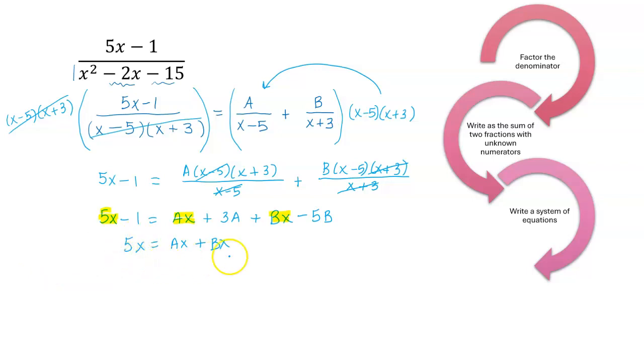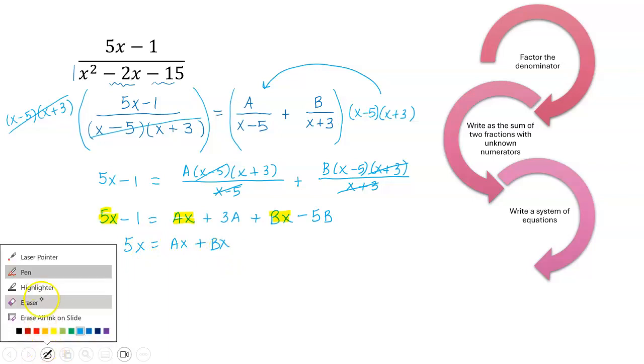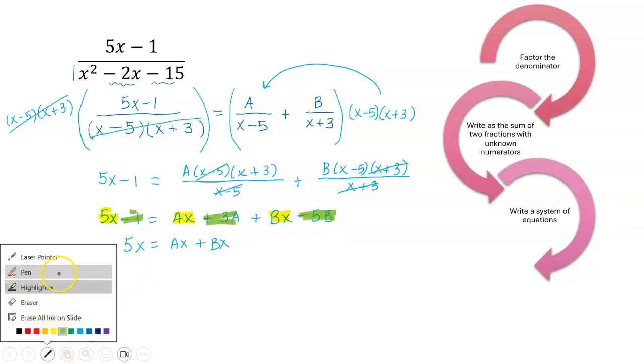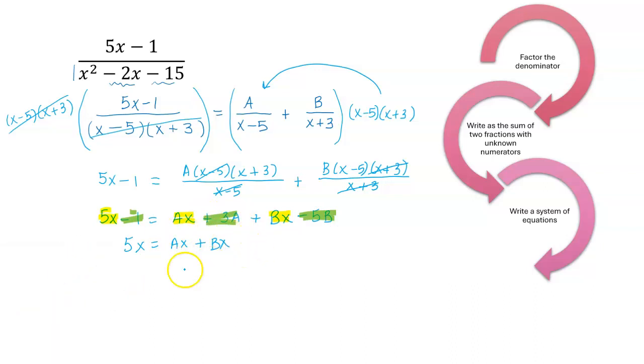I know that if I add those two like terms together, I'm going to get 5x. The rest of my stuff is constants. So if I add these things together, I'm going to get a minus 1. I kind of X'd things out so it's hard to see, but minus 1 has to be like 3a minus 5b.